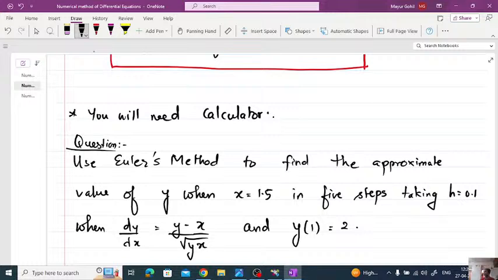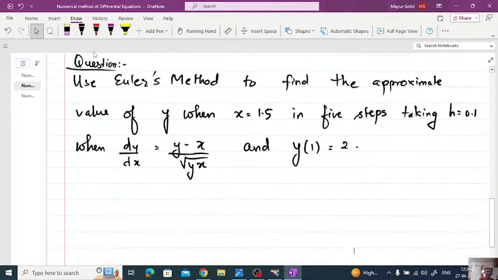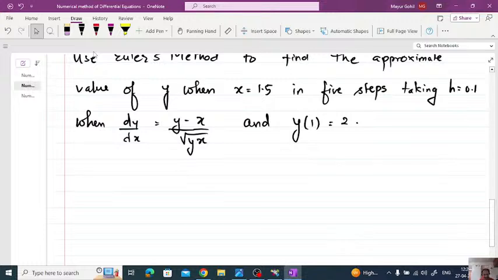Okay, now this is the question given to us. I'll tell you how to handle this. A very easy thing is there. You just need to understand the formula carefully, nothing more is required. Everything will be given to you in the question.